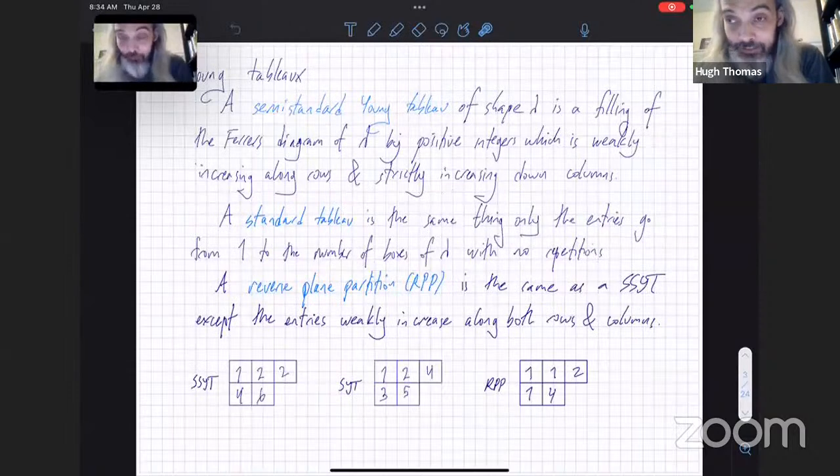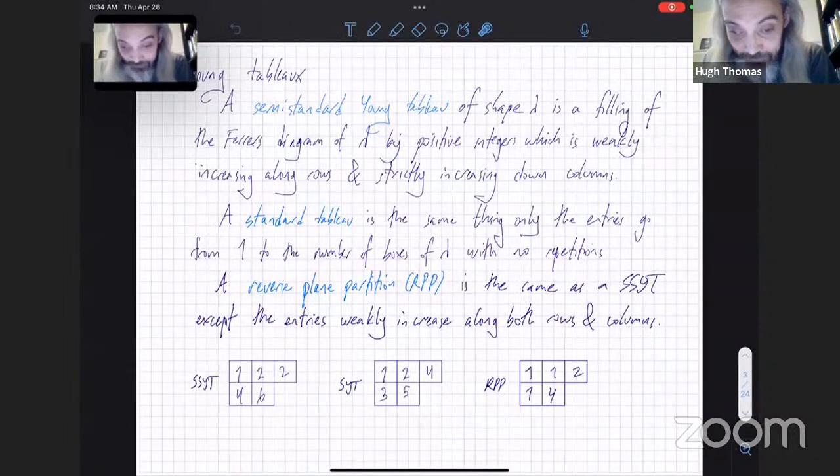So we're going to need a few different kinds of fillings of these shapes. In an individual box, we're going to put one positive integer, typically. So a semistandard Young tableau is a filling where it's weakly increasing along rows and strictly increasing down columns.